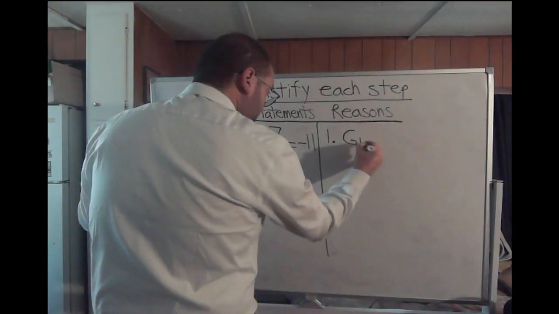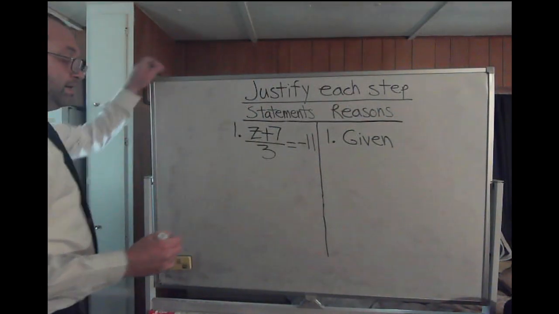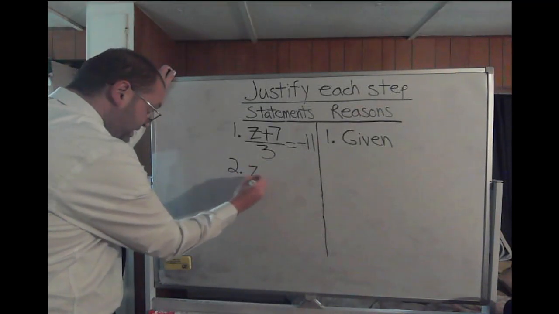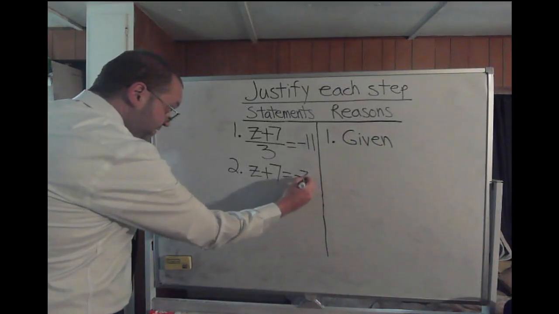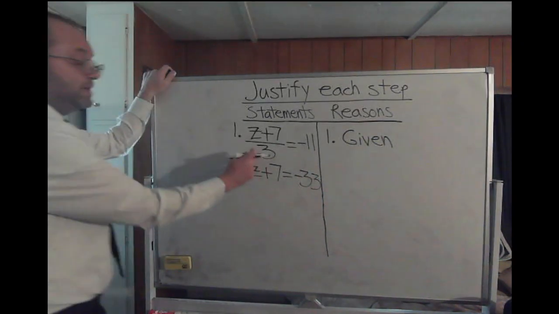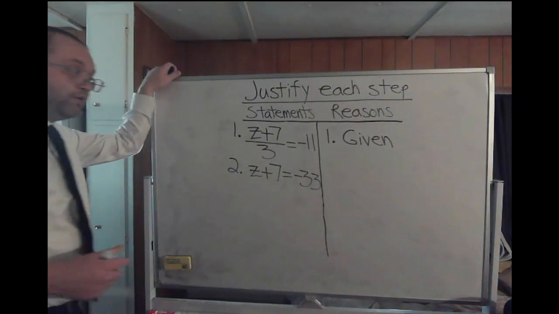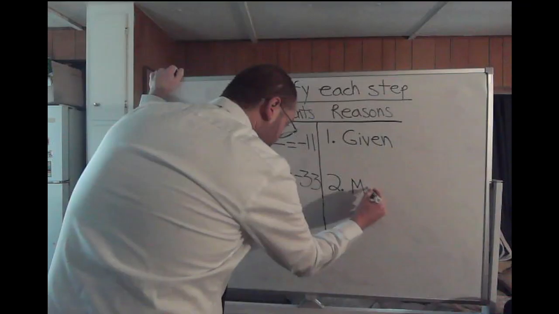So reason 1, that's the given information. Okay, now statement 2 is that z plus 7 equals negative 33. Well, how did we get from this to this? We had to multiply both sides by 3, right? So reason 2 is going to be the multiplication property.